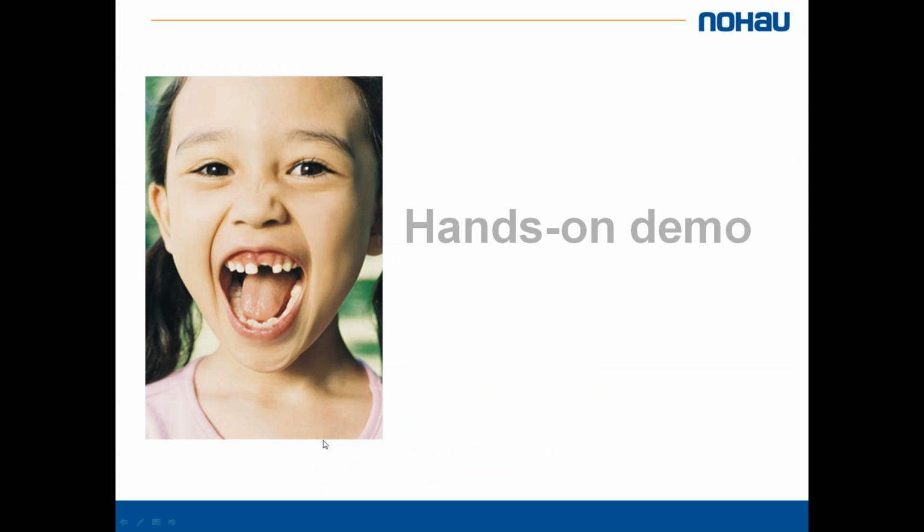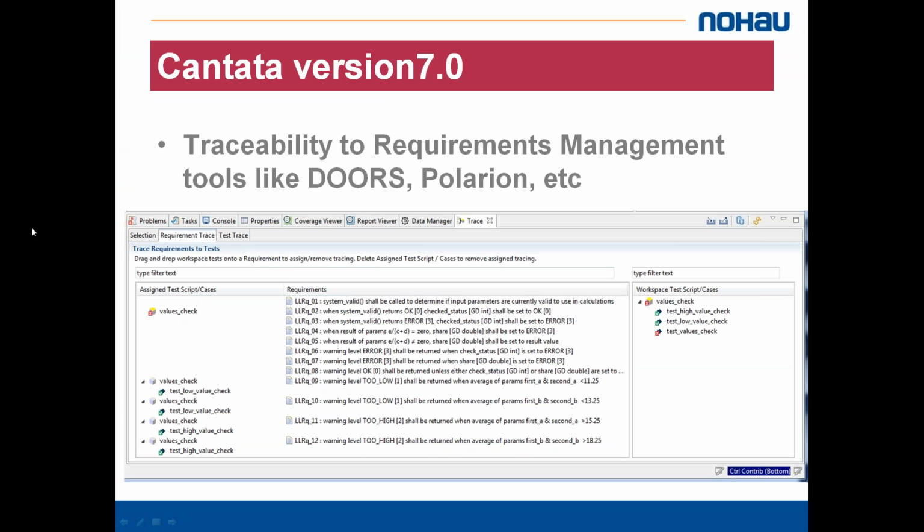Maybe I should say a few words on what's coming up next, because version 7 of Cantata is due this week. So we showed you version 6 right now. One thing with version 7 is we have introduced traceability to requirements management tools like Doors, Polarion, PTC, etc. Meaning that you can link a requirement in the requirements management system to a specific test case, test script in Cantata.